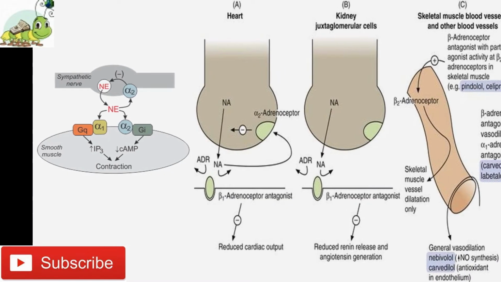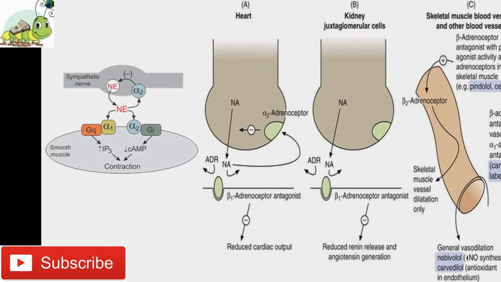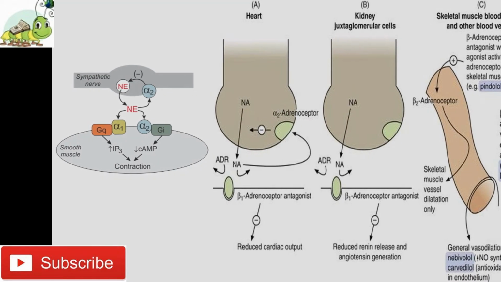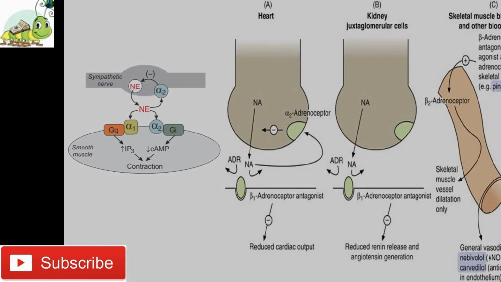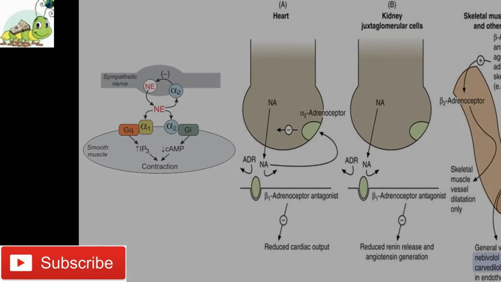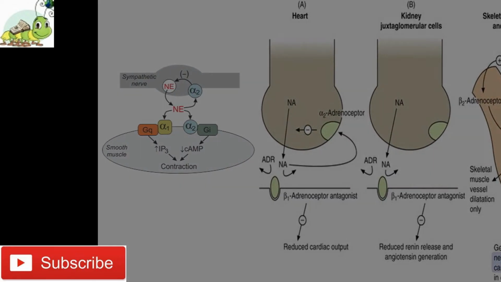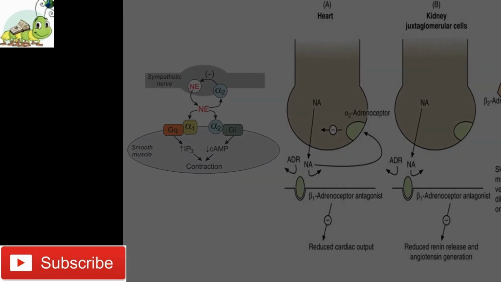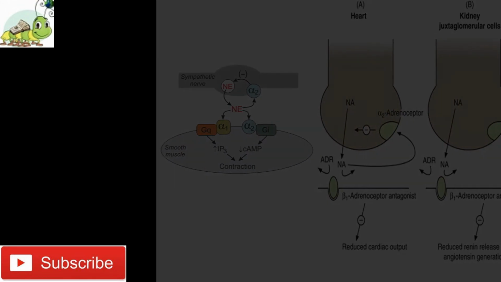The beta blockers bind to the same receptor as does norepinephrine but do not facilitate G protein coupling. Occupation of the binding site by the beta blocker prevents norepinephrine from binding to it and stimulating cAMP formation.